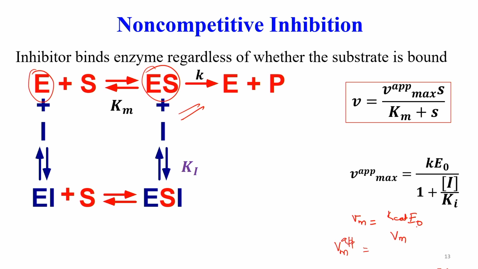So, V max divided by 1 plus the inhibitor concentration divided by the inhibitor dissociation constant, that is, V max apparent equals V max times Ki divided by I plus Ki. So, in the case of non-competitive inhibition, the V max has become apparent V max, or you can say there is a decrease in the V max value.